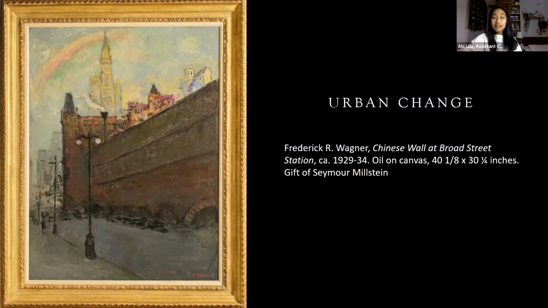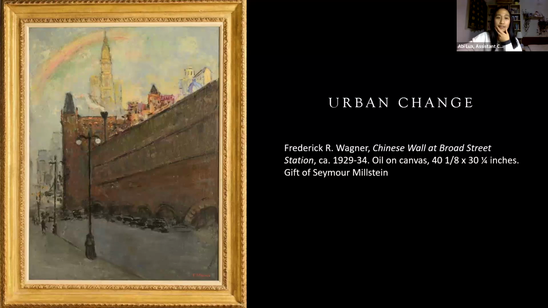Because I went to college in Bryn Mawr, and so I was able to go into the city pretty frequently. And so I had been a frequent user of the SEPTA train system. And so to learn that there was this other train station that was formerly there was really surprising to me. And the fact that you can even see City Hall in the painting. It felt like such a precious time capsule that we have in our collection. And so I think that was really surprising to me.